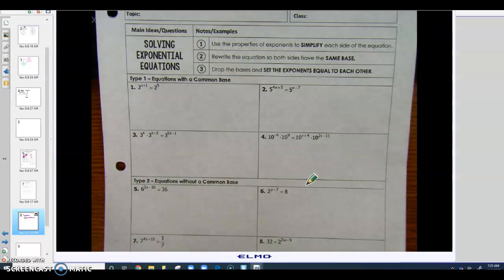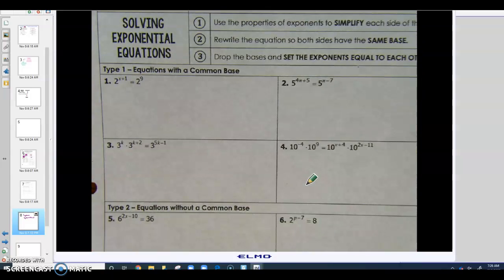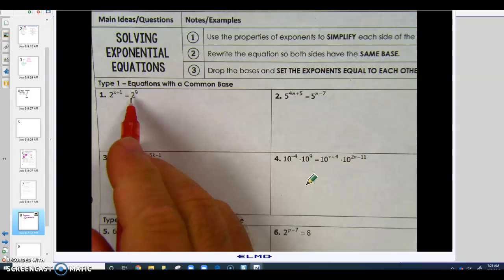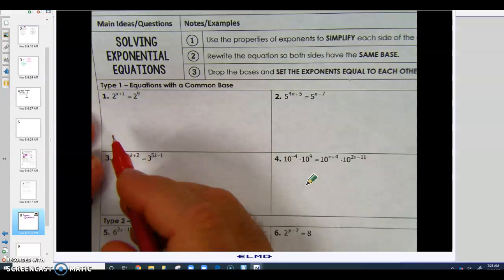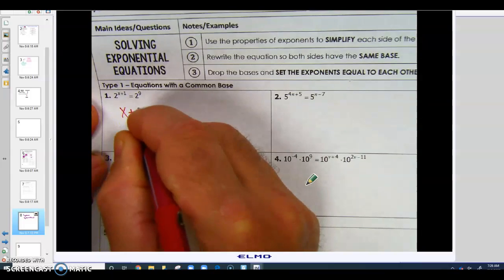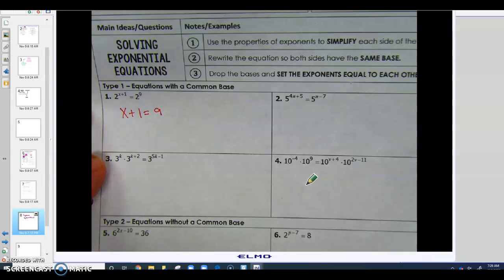Set the exponents equal to each other. All right. So guys, steps 1 and 2 are already done for you in problem number 1. There's nothing to simplify. The bases are the same. So just drop the base on each side and solve that equation.